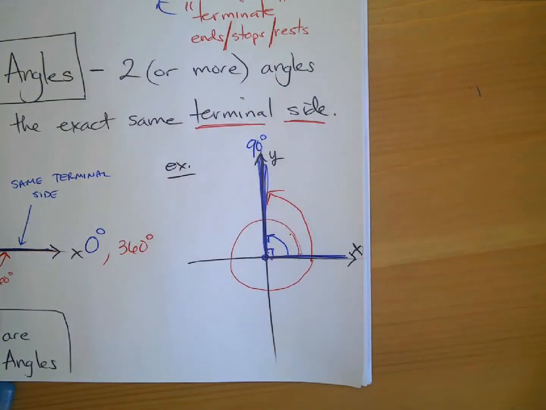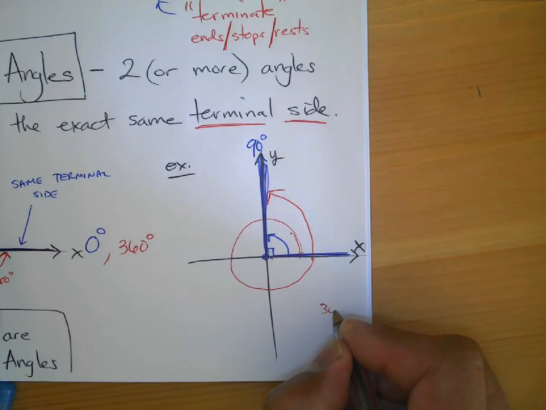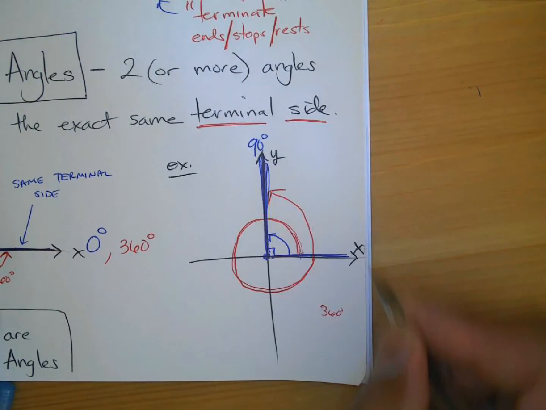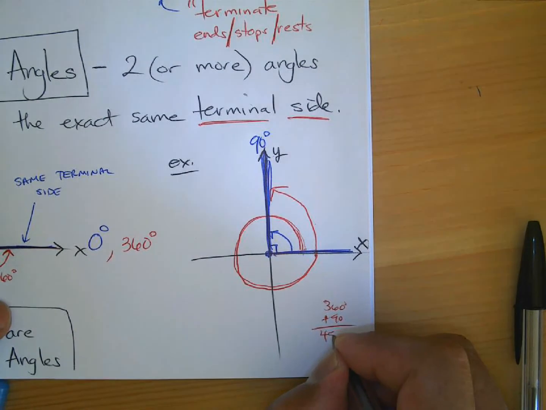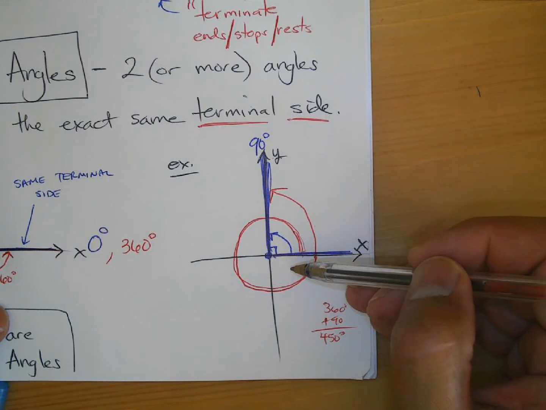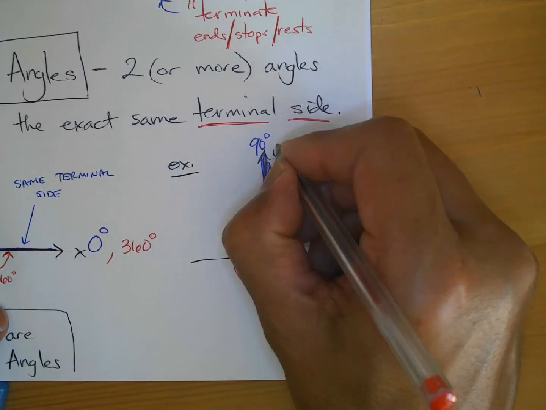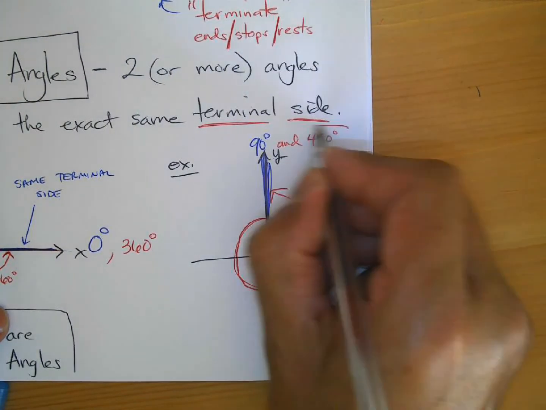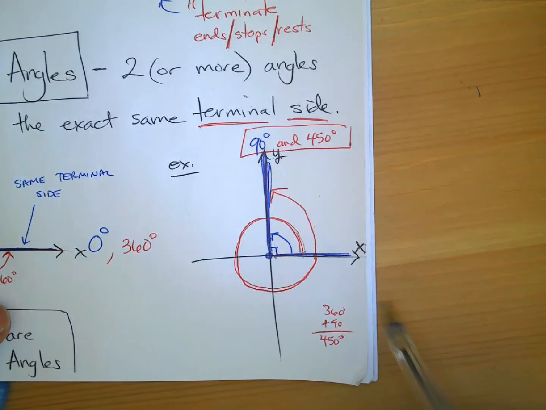I wanted to stop right here in the same place. 360 is up to here, plus another 90. That's 450. 90 degrees is just this little corner, like a quarter of a turn. And 450. 360 plus 90 is 450.